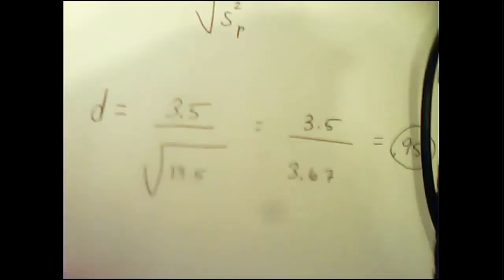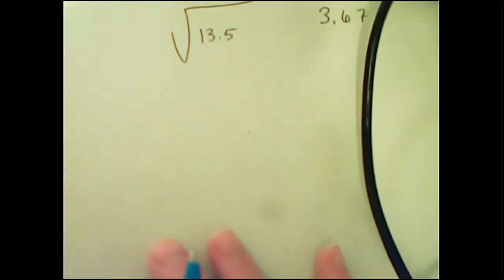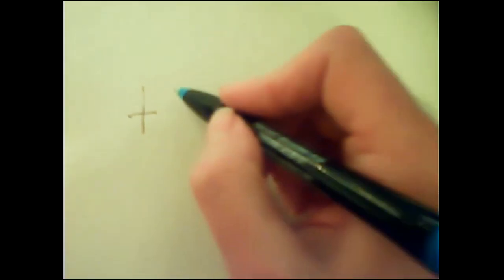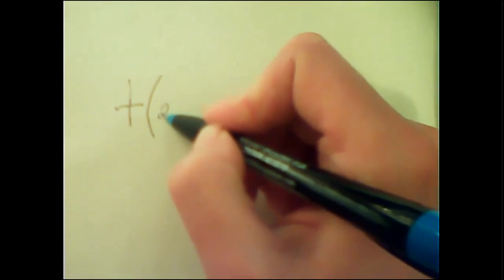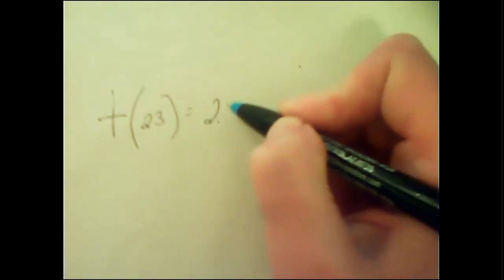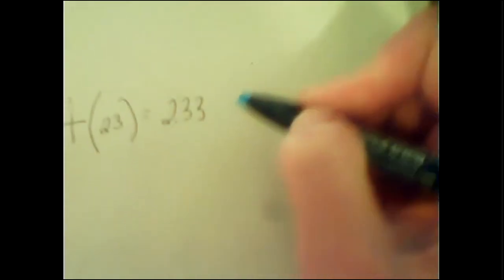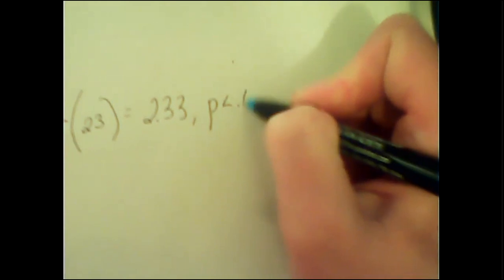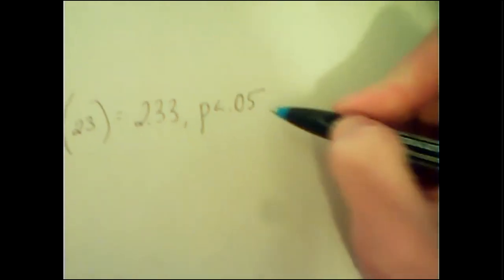Now let me just show you something here. I'm going to write these results up in APA format. Let me just make sure that this paper is as straight as possible. Okay, we had a t statistic, right? We had 23 degrees of freedom. Our obtained t was 2.33. By definition, the probability of a type 1 error is less than 5%.